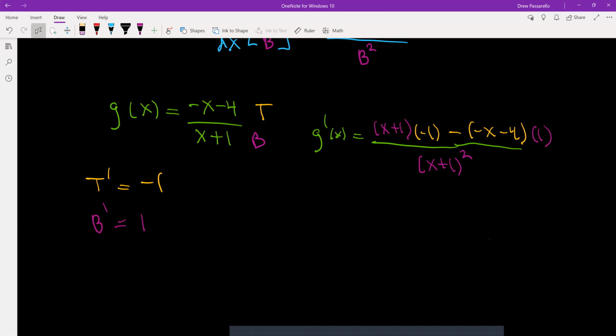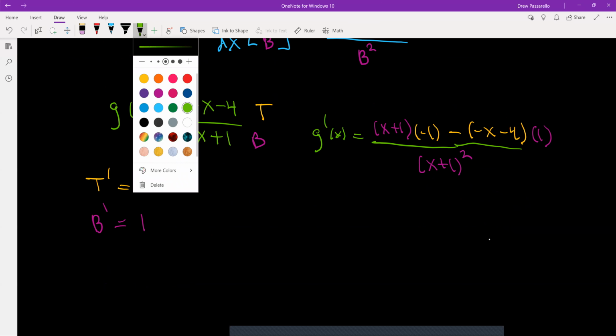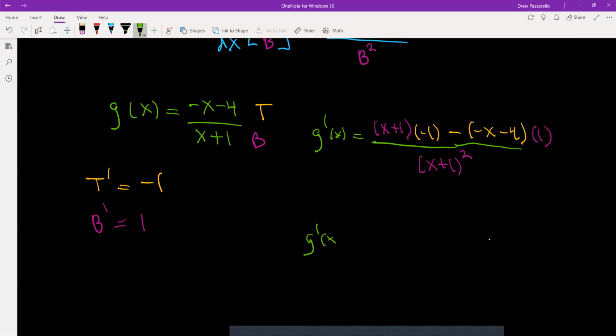All right, so now it's just a matter of simplifying. So this will distribute the -1, so that makes that -x then -1. And then this is 1 times -x minus 4, so that's just -x minus 4. And then I have this negative that I can distribute. That makes this plus x and then plus 4.